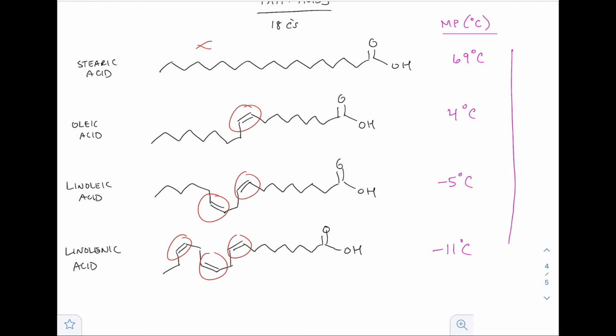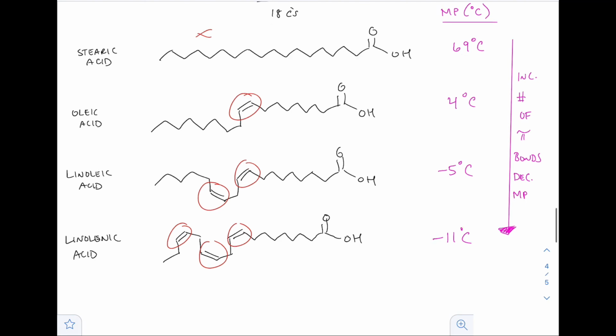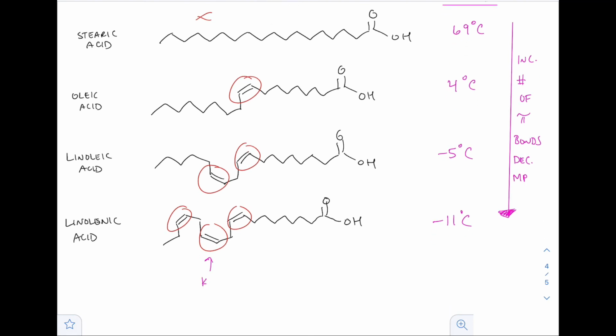And what does that really mean in practical applications? That means that we have more double bonds in the liquid fats, right? So like olive oil, for example, is a liquid at room temperature, and that's because it has more double bonds. Whereas fats from animals, maybe like butter, or if you make a stew, you have that fat solid on the top of it.